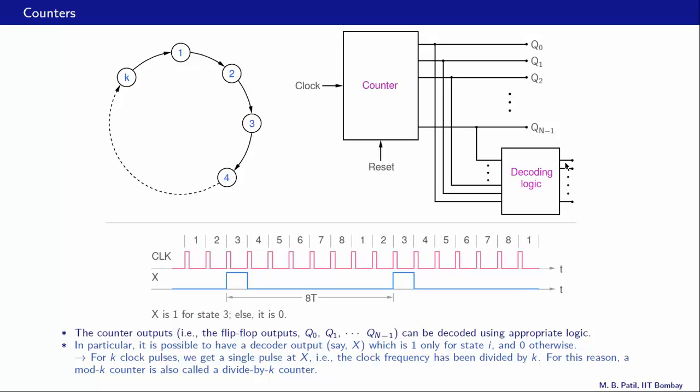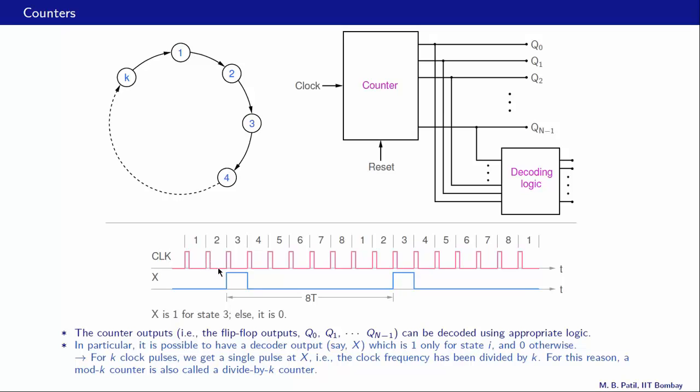That is, after k clock cycles, the output at any of these pins is going to repeat. Now in particular, let us take this example. Let's say we have a mod 8 counter, that means k is 8. That means we have 8 states, 1, 2, 3, 4, 5, 6, 7, 8, and then back to 1. This is our clock signal.